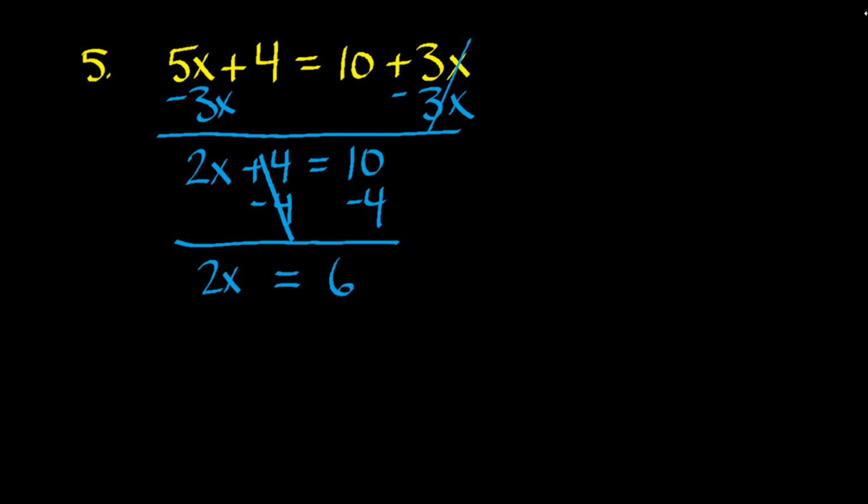Now I have a multiplication times x, 2 times x, that I need to reverse. So I will divide both sides by 2. 2 divided by 2 is 1, and 1 times x is x. So I get x equals 3, since 6 divided by 2 is 3. You could check this by substituting 3 for both x's.